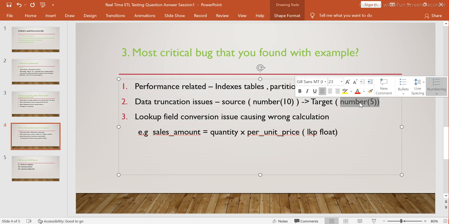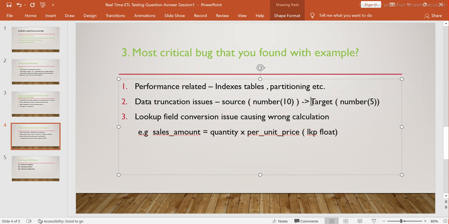So when I was testing with the limited set of data, there was no issue, and I was not able to find the data truncation issue. But when I did some static testing, verifying the document and the mapping, I discovered there is an issue with the size.